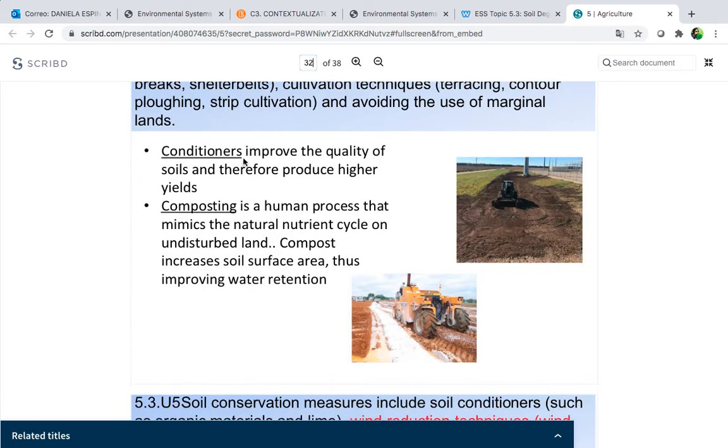Okay, so conditioners improve the quality of soils and therefore produce higher yields. Composting, the addition of compost, humus, is a human process that mimics the natural nutrient cycle in disturbed land. Compost increases soil surface area, thus improving water retention and also adding microorganisms.